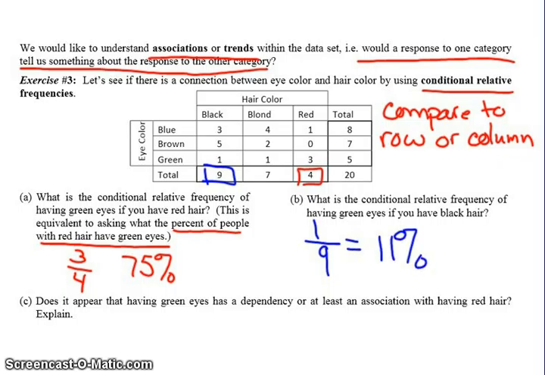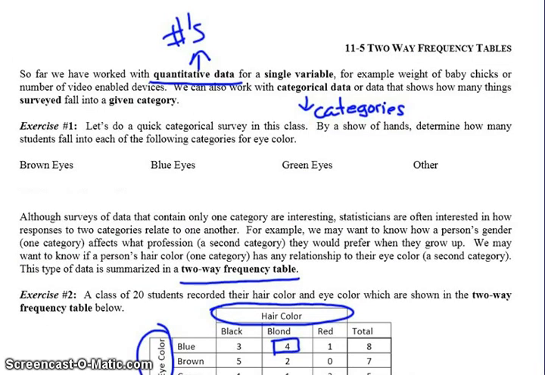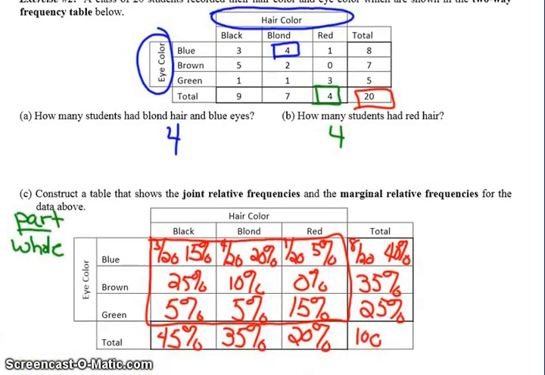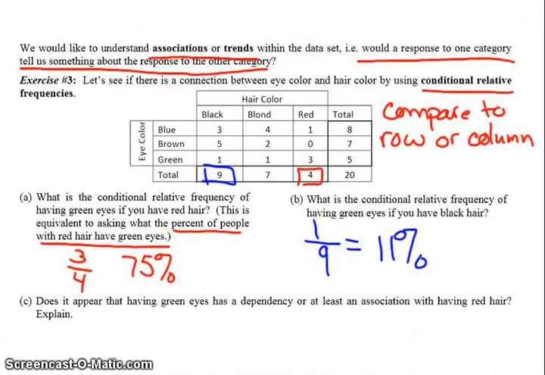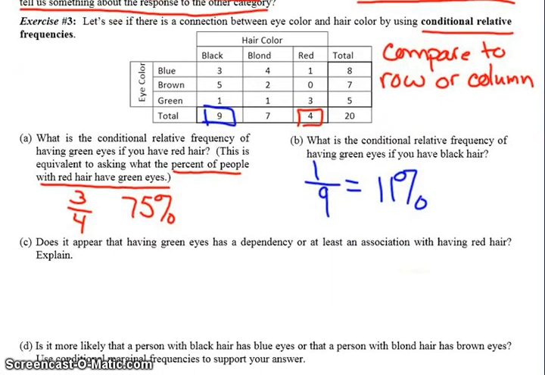Okay, so you can see there's a pretty big difference, but if you compare to the chart here, there wasn't that. There was a 10% difference, but if you're comparing them to marginal, now there's a much bigger difference. Does it appear that having green eyes has a dependency or at least an association with having red hair?